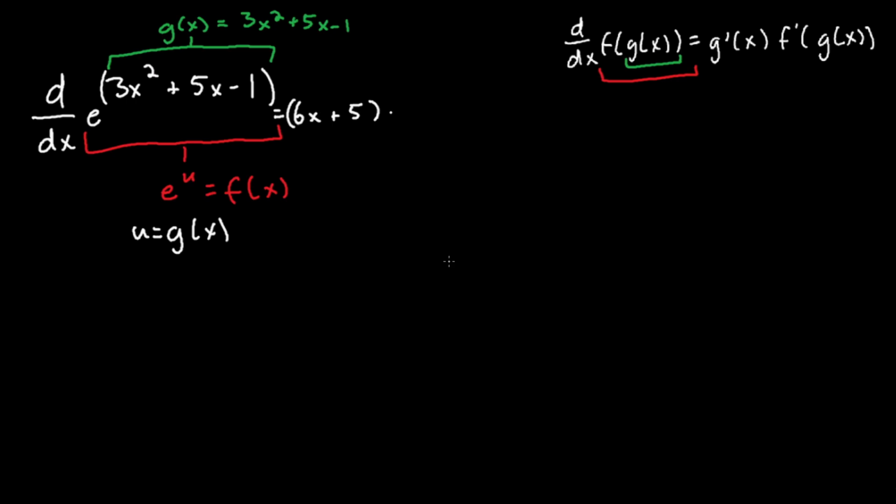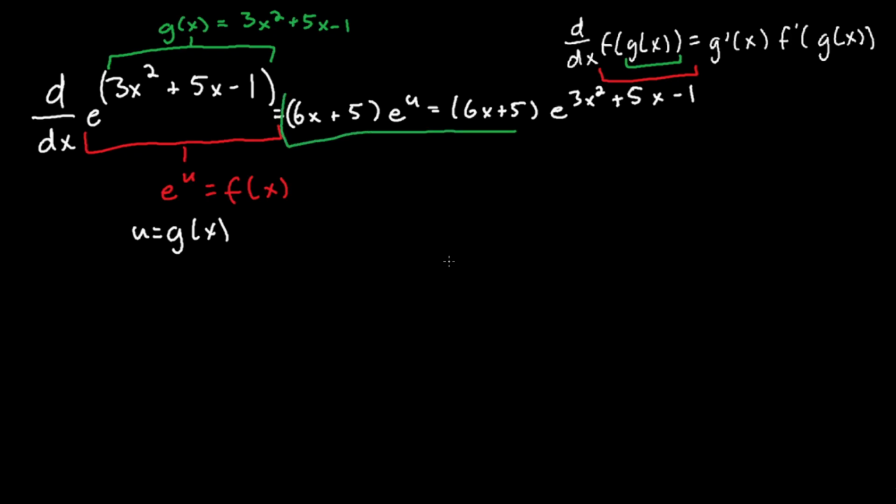Don't forget the parentheses. And the derivative of e to the u is just itself, e to the u. But remember, at the end, we need to replace u, as u is just a guide for us. So e to the u is equal to e to the g of x, since u is equal to g of x. So we just replace u with the function g again. So we get e to the (3x squared plus 5x minus 1).